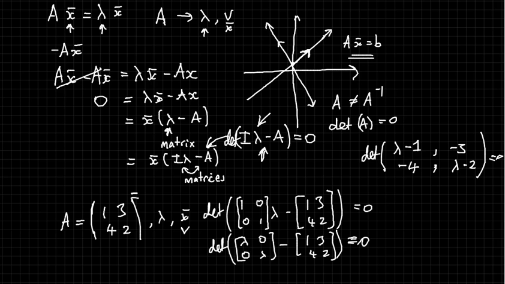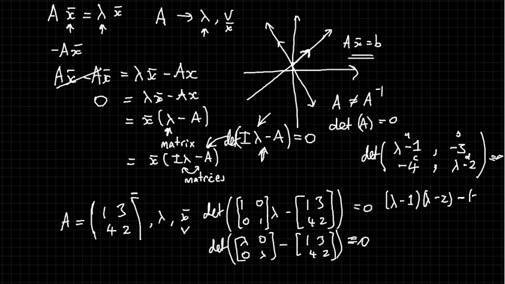The second entry is 0 minus 3, so that becomes minus 3. We're going to have 0 minus 4, so that's going to become negative 4. And we're going to have lambda minus 2. And we know that the determinant of this is going to equal 0.